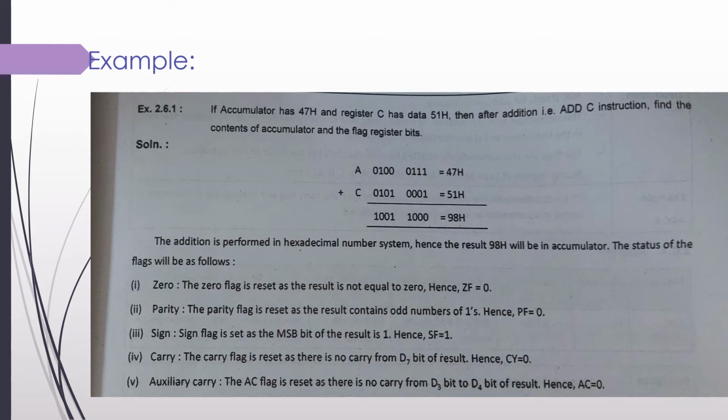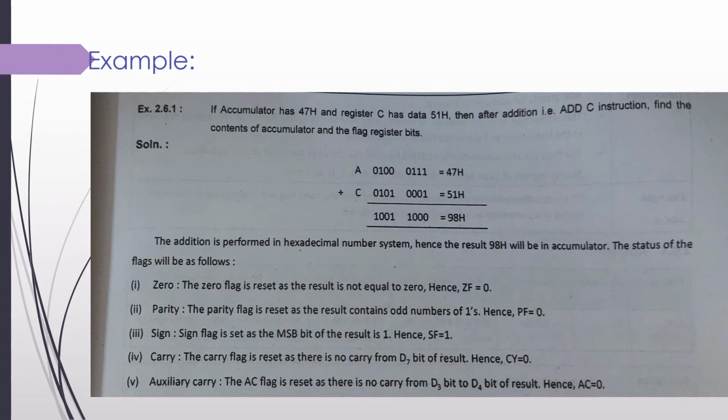Next is parity. You can see there are 3 ones in the result, which is odd parity. If there are an odd number of ones, then the parity flag is reset, which is equal to 0. Now, the sign flag usually signifies the 8th bit. The 8th bit is 1, so the sign flag is set to 1.